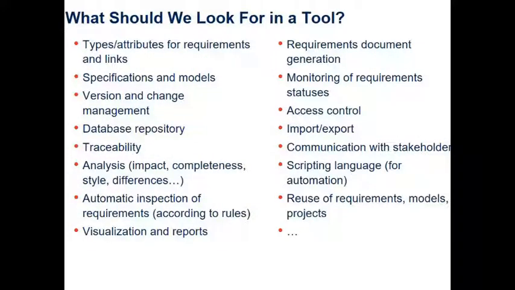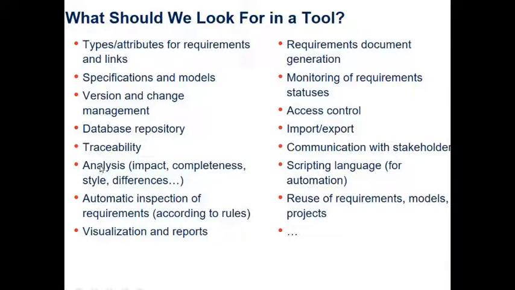And what should we look for in a tool? We can look at the types and attributes for requirements and links, the specifications and models that are available, version and change management features available in the tool, database repository, traceability, if we can set up traceability tables and matrices in the tool, analysis, impact, completeness, style, and differences, right?